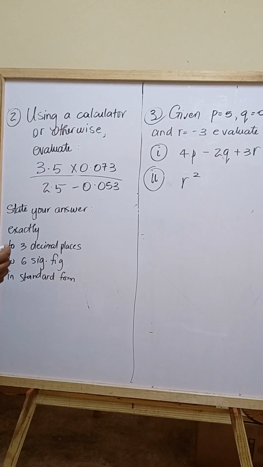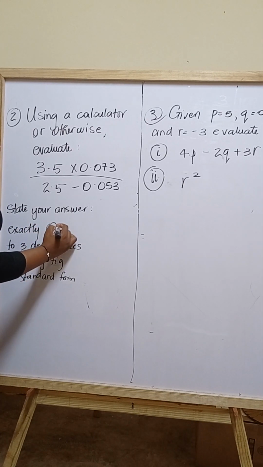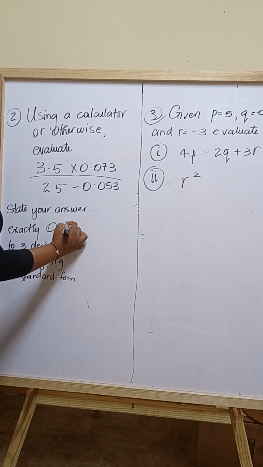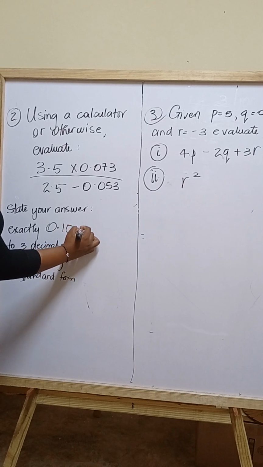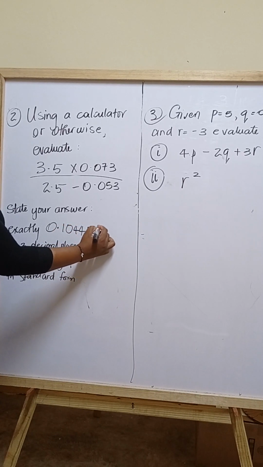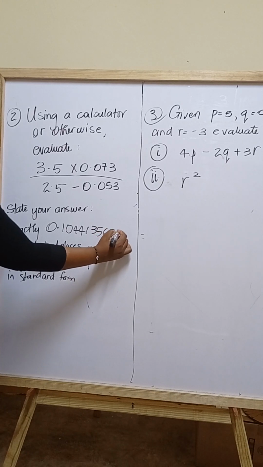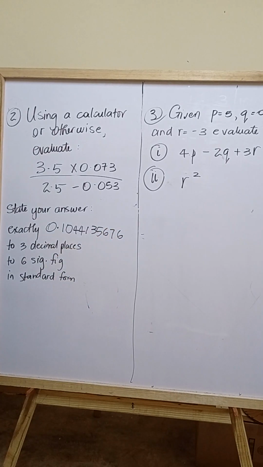Right? So the final answer for this, it says you're to state your answer exactly first. So the exact answer that we get is 0.1044135676. So that's a long number, but that's what we got exactly.